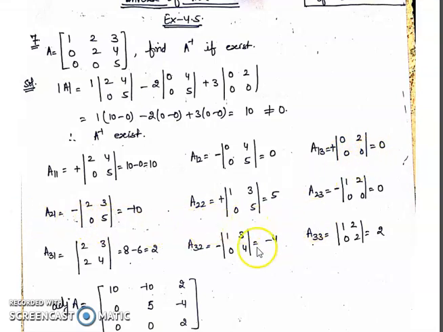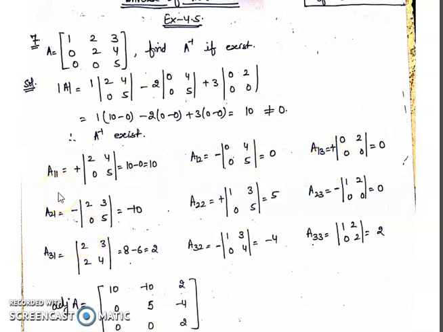Similarly, we find the other cofactors by deleting the row and column in which the element exists. Open the remaining determinants, and remember again the signs should alternate: plus minus plus minus.